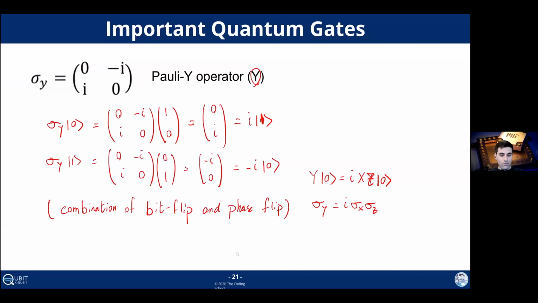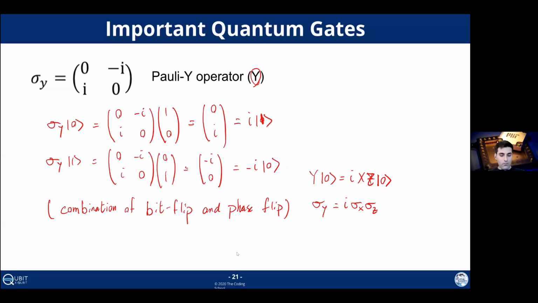That's why I haven't dropped the phase, because while in this case it is a global phase, if we apply this to any superposition, it becomes a relative phase all of a sudden, and it makes a big difference. And actually, we can see the action of the Pauli Y operator here. Again, it is a rotation around the y-axis by 180 degrees. So if we start from the 0 state, we're going to end up at the 1 state.